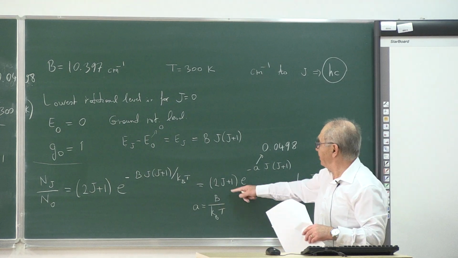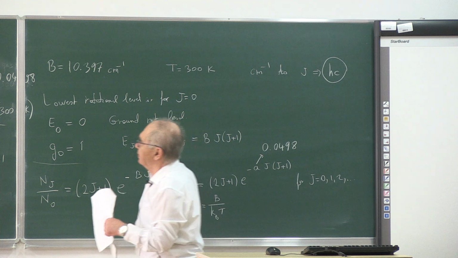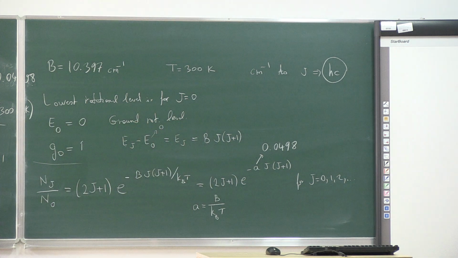How do you convert B into joule? Using this expression. B in wave number times hc will give the value of B in joule. You see, h times c is the conversion factor between wave number unit and joule unit.